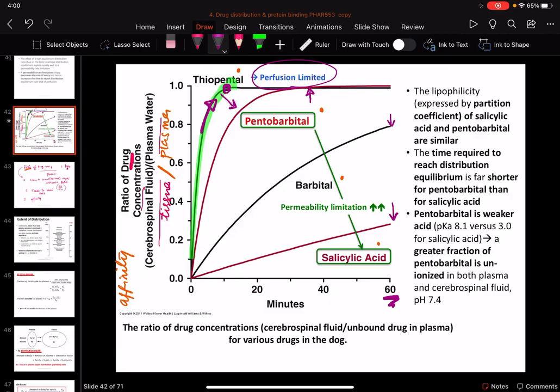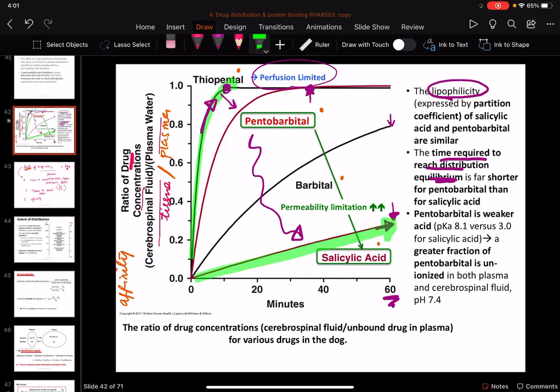If we compare salicylic acid and pentobarbital, we can find that the lipophilicity of both of them is similar, and we can talk about the lipophilicity of the drug using the partition coefficient. But the time required to reach the equilibrium for pentobarbital is shorter than that for salicylic acid, and according to the profile we didn't reach it here.